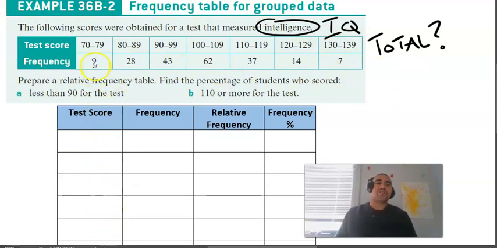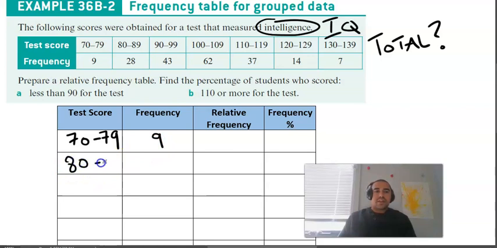So the first test score is from 70 to 79. That frequency, the amount of people that scored, is 9. Same thing with 80 to 89. The amount of people that scored this is 28.